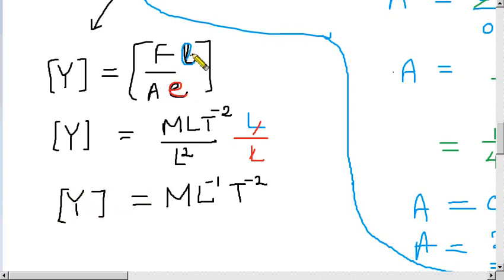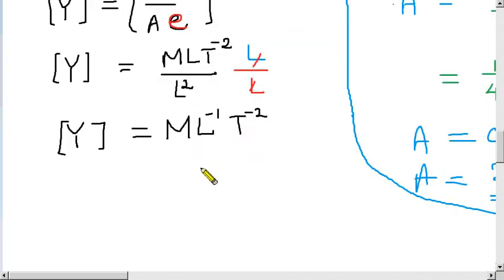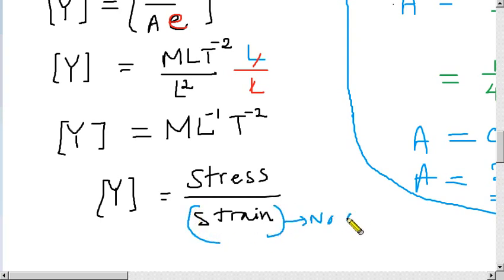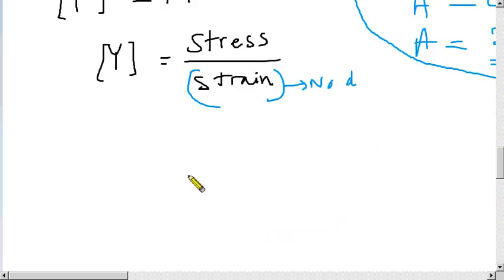Since strain has no dimensions, Young's modulus is stress divided by strain, so the dimensions of Young's modulus equal the dimensions of stress.